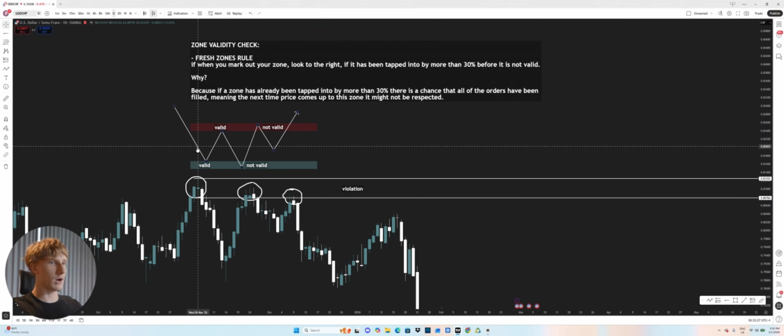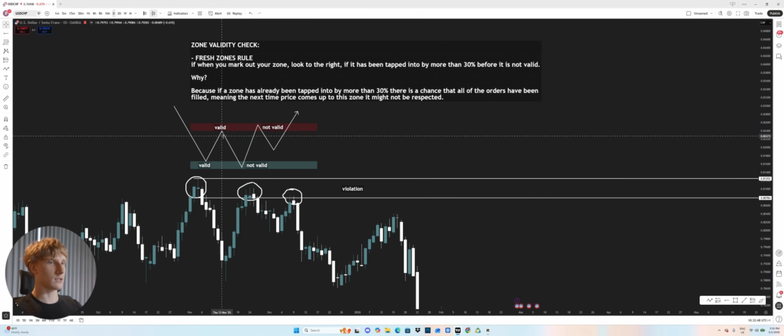We can see that if price just touches the zone and does not come into it more than 30%, well, that zone is still valid. We can trade it. So in this case, we can see that it just touched the zone, therefore it's still valid. It goes up to the supply level, it just about touches the zone, therefore it's still valid.